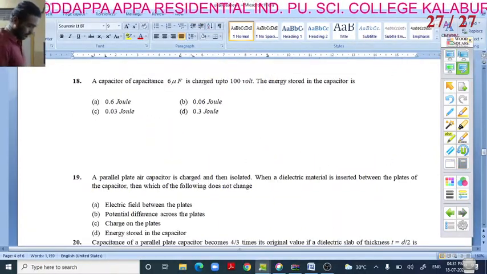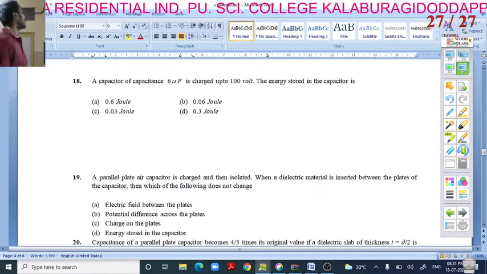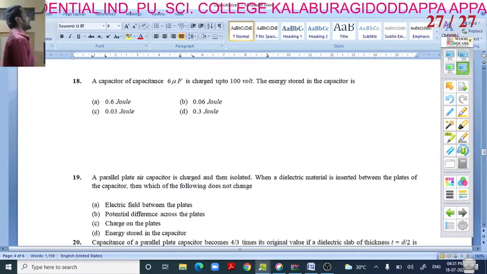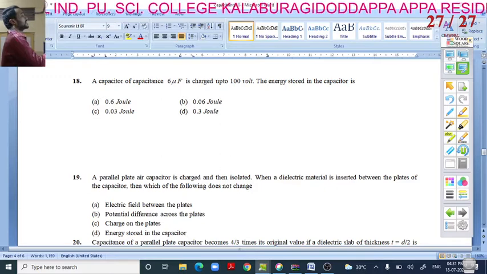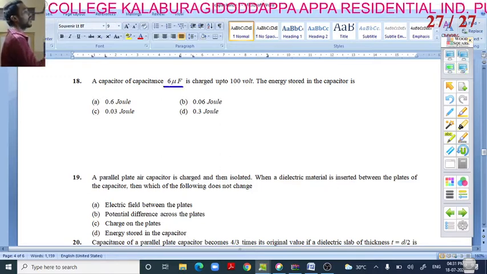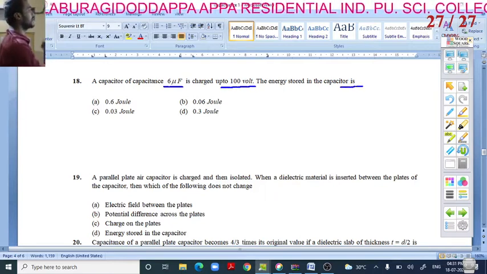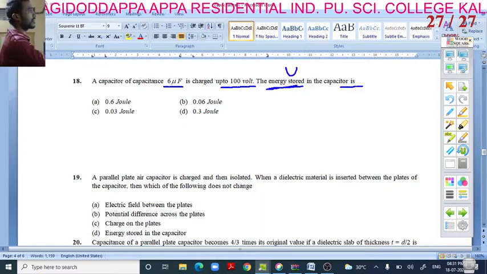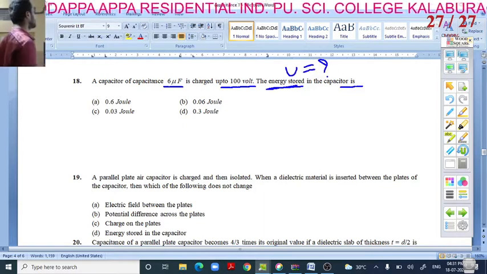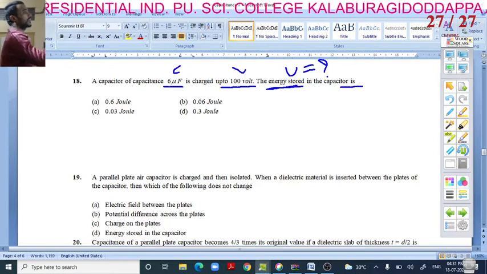Question number 18. A capacitor of capacitance 6 microfarad is charged up to 100 volt. The energy stored in the capacitor is? 6 microfarad he has given, volt he has given.